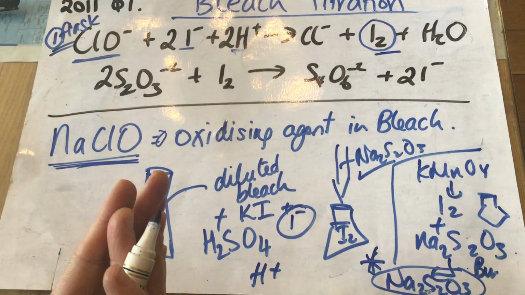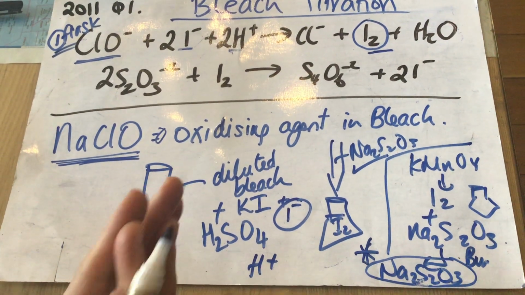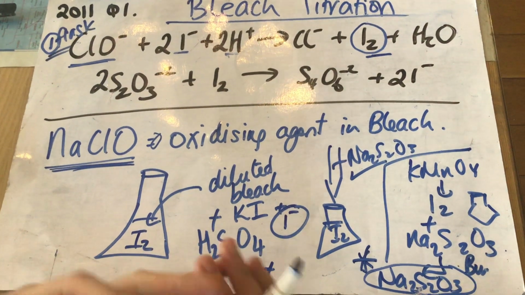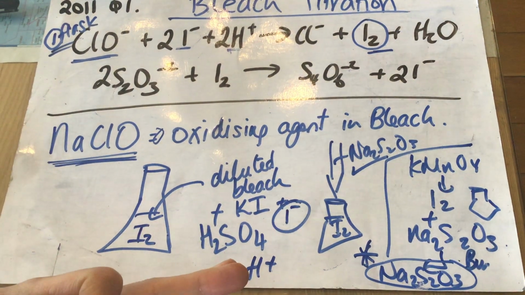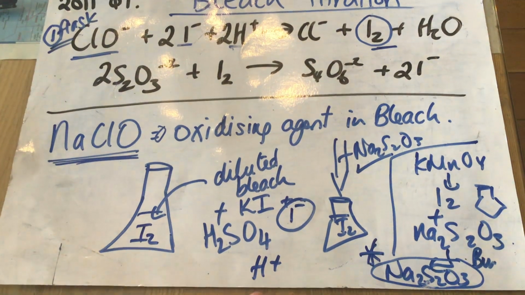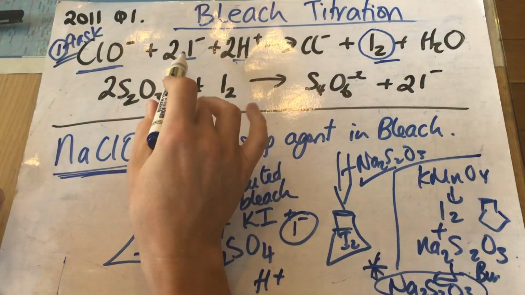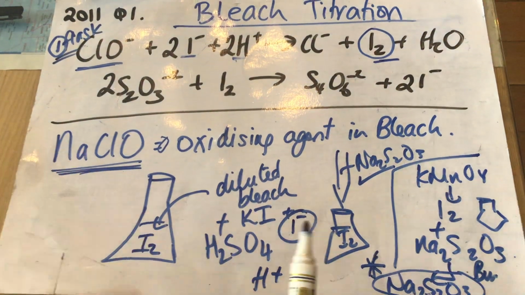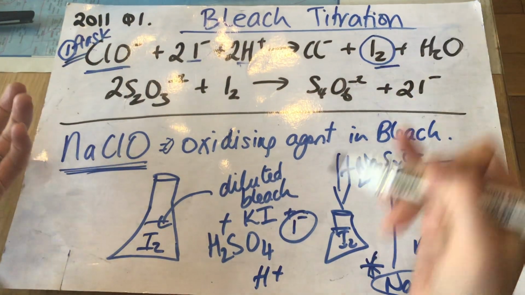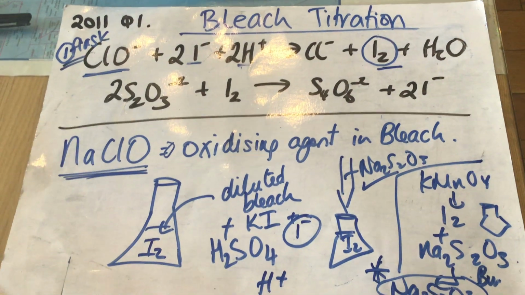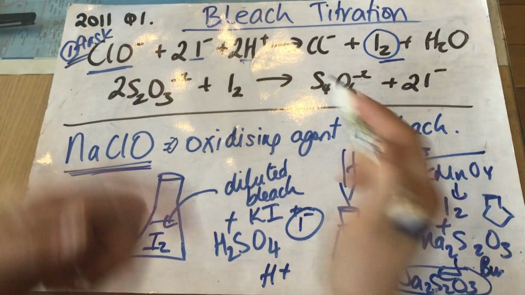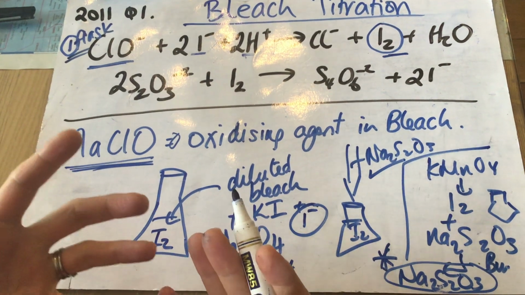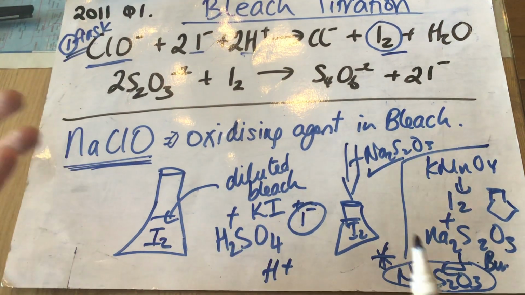So if you're asked why dilute the bleach, you're going to say, because the bleach is too concentrated, you would make too much iodine, and then the word is excessive. Excessive amounts of the other reagents would be required. Excessive amounts of KI, excessive amounts of sulfuric acid, excessive amounts of sodium thiosulfate would be required to react with all of the iodine that you'd made. So by diluting the bleach, you don't make as much iodine, and you do not then require such an amount of the other reagents to react with all of that iodine.